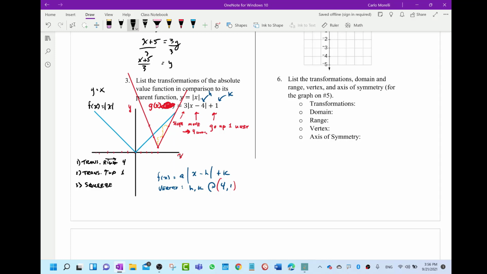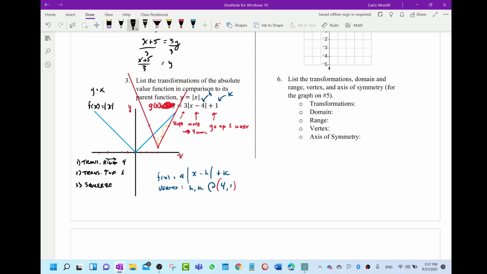We had a right translation of 4 units, a vertical translation of 1 unit, and then, or let me use shift right 4, shift up 1, and then squeeze the function. Don't say squeeze by 3, because that really doesn't mean anything. Just say it's squeezed.